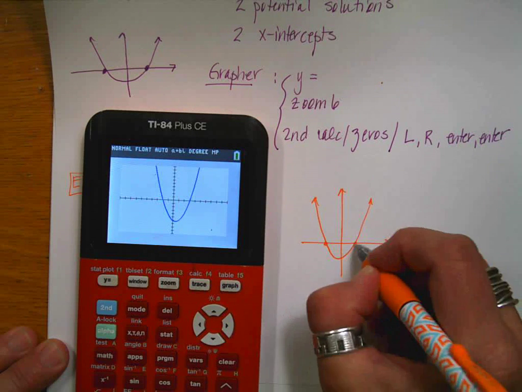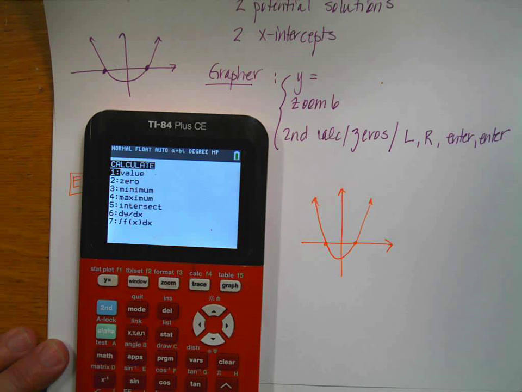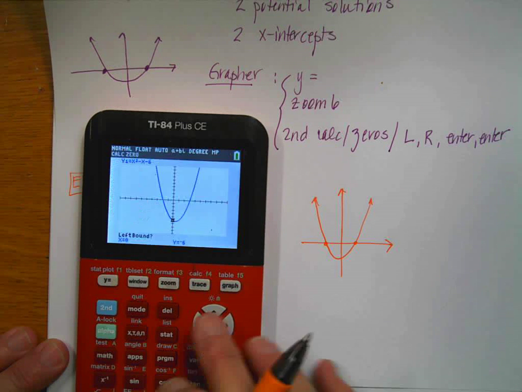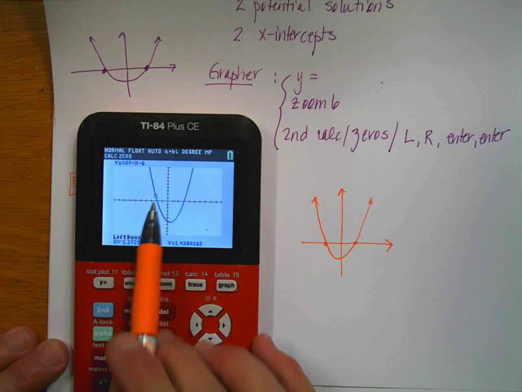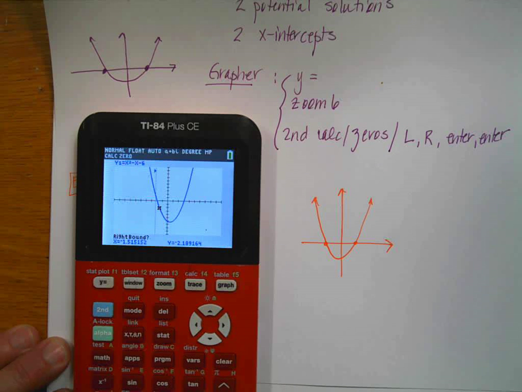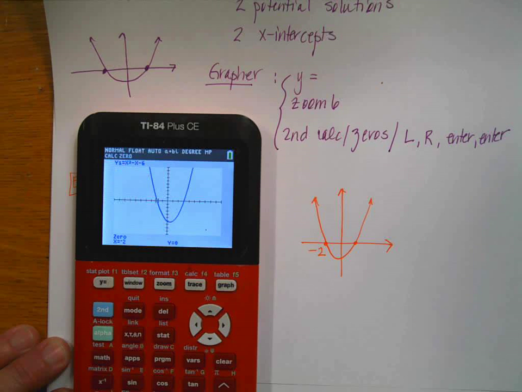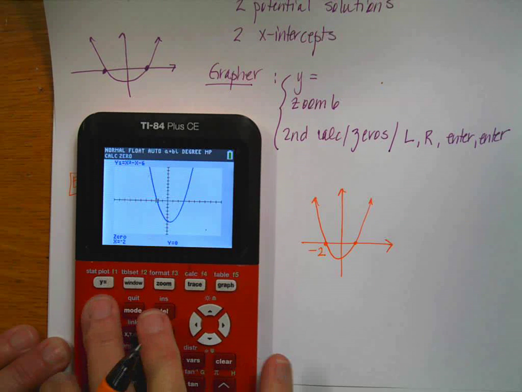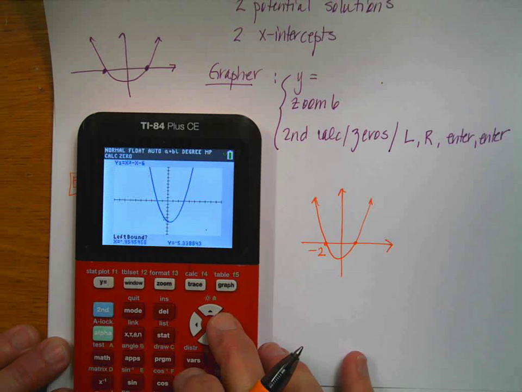So now I need to find those two values of x. So I'm going to do second calculate 0, number 2. I always start on the left, and then I'm going to go to the left of the point and hit enter. Cross the axis, go to the right of the point, enter, enter, and it tells me that that first one is a negative 2, so I'm going to write a negative 2. Then I do it again, second calculate 0. I'm going to cruise over.